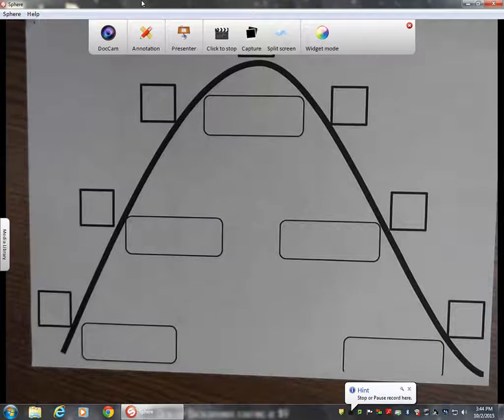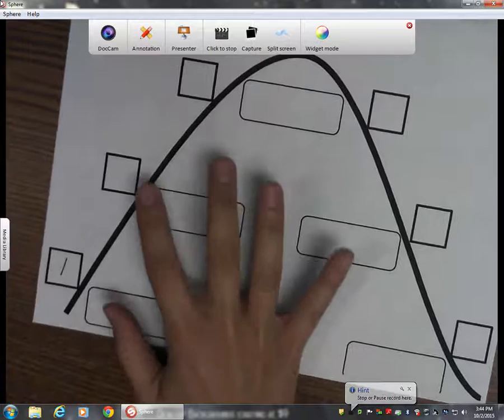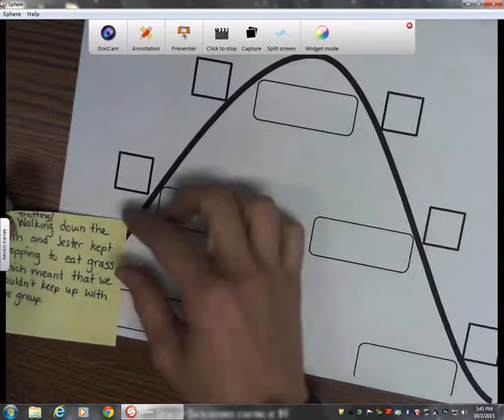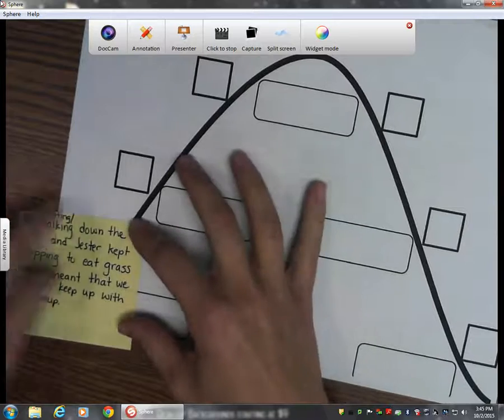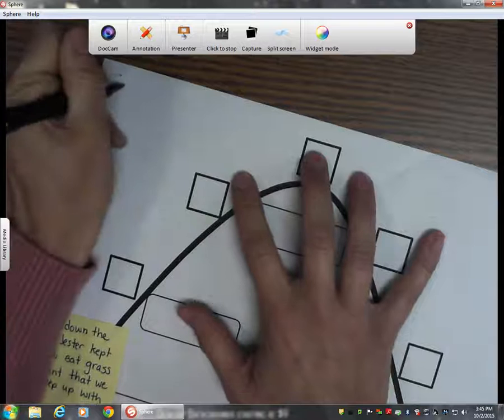So I went ahead already and I wrote on post-it notes my different events. Okay, so my first event is going to go here. And I should actually write the seed idea.